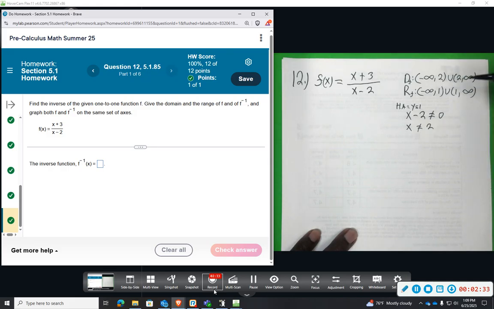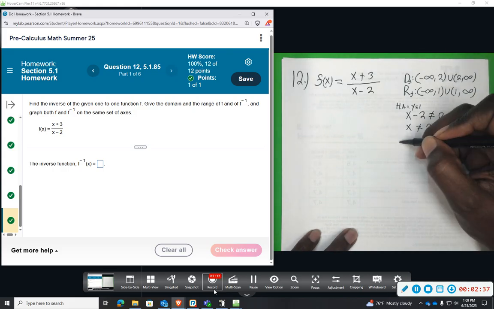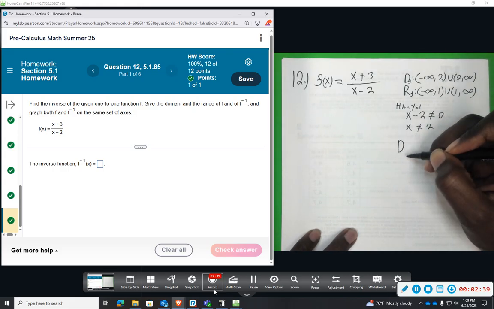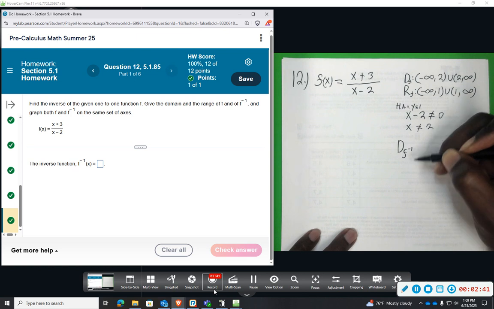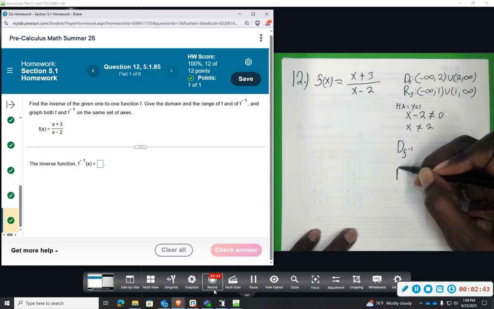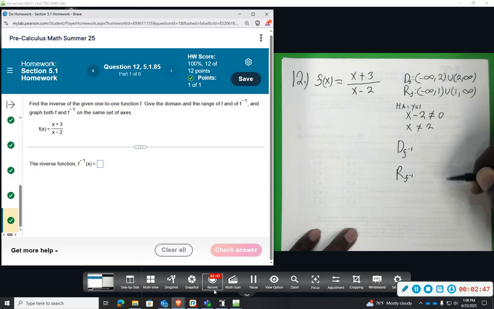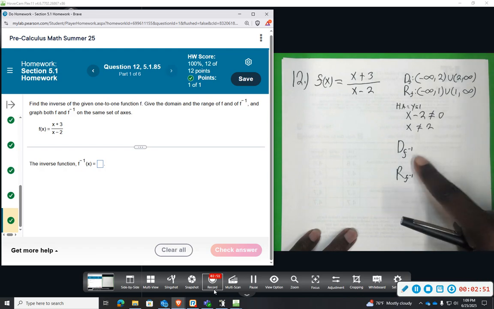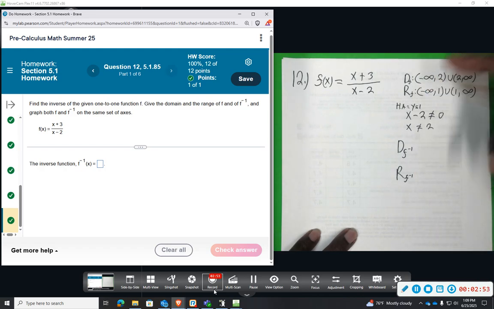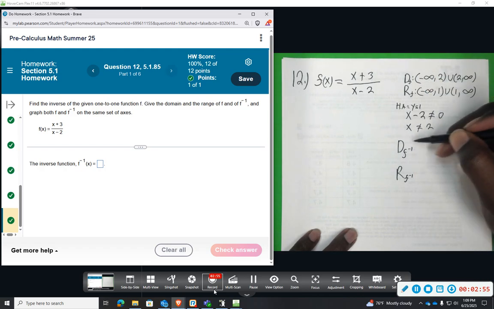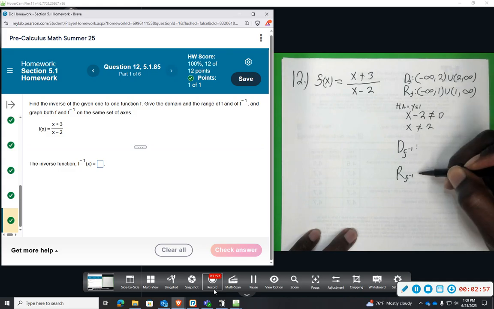So being that our domain and range are different, now we will get to see the domain and range of our inverse function, how they interchange. So we've got the domain and range of f inverse. We haven't done f inverse yet, but we do know we're going to interchange x and y, which is going to interchange the domain and range. So what was my domain is now my range, and what was my range is now my domain.